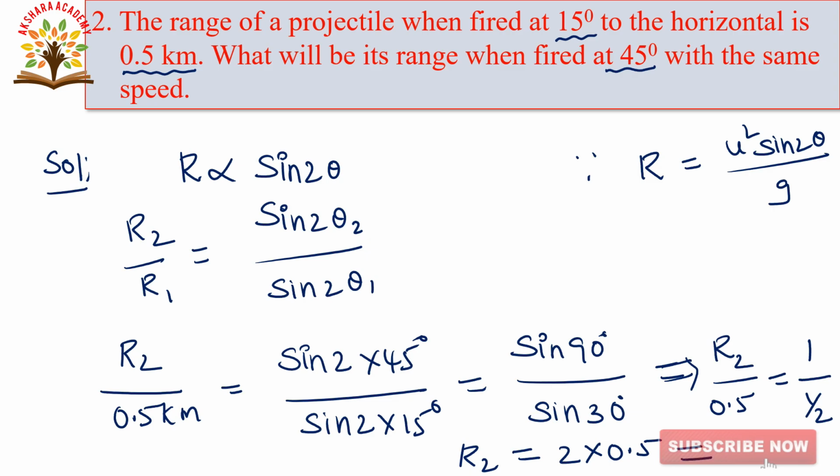The 2 gets cancelled: 1 kilometer. So what will be its range when fired at 45 degrees with the same speed? 1 kilometer. This is the final answer. Okay, next we will go to the next question.